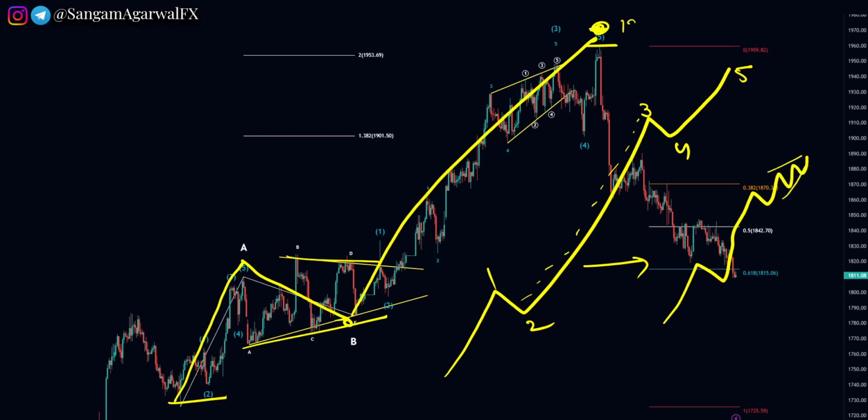So from this top 1959 to this bottom, there were 3 levels of wave counting, and if you make a mistake at any stage, your wave counting is wrong.